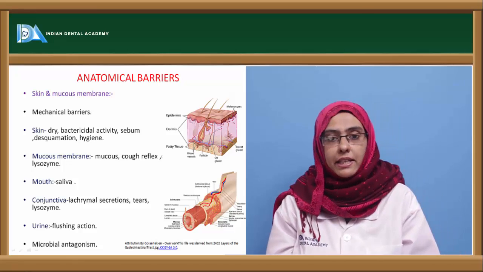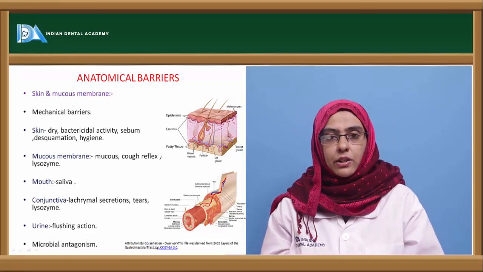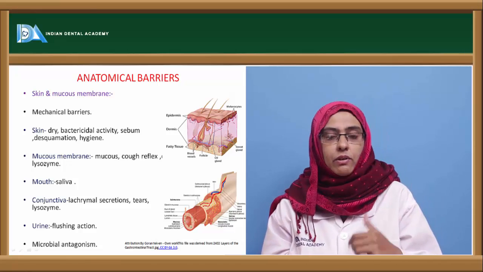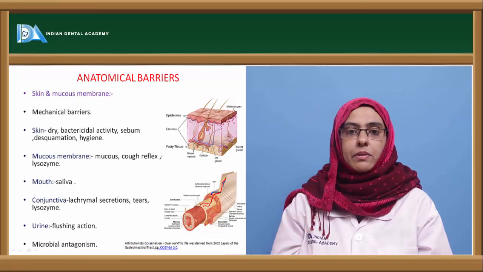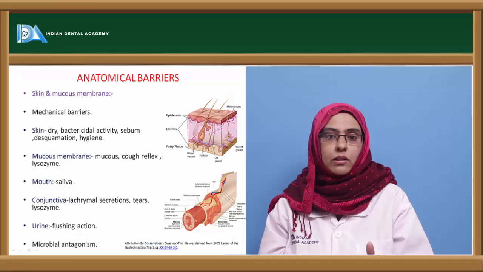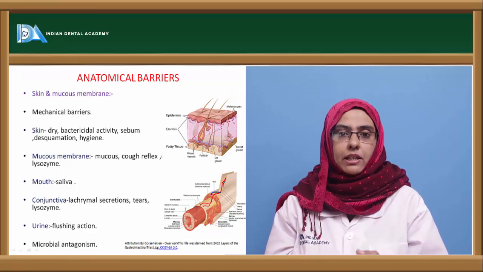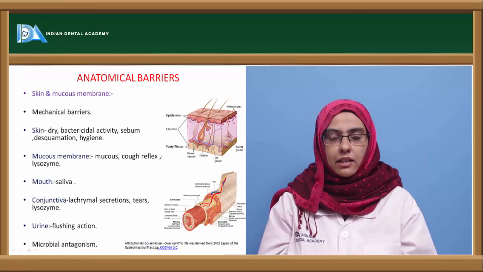So it acts as a mechanical barrier, and due to its dryness the organisms cannot survive, because they require certain moisture for survival. And the sebum underlying the skin also contains certain antibacterial agents that will kill organisms when they try to multiply inside the skin.